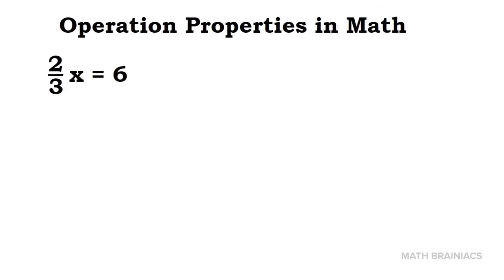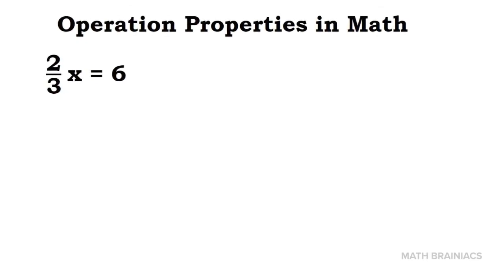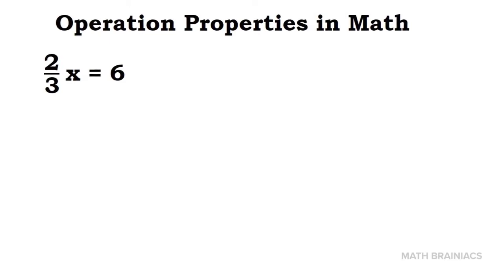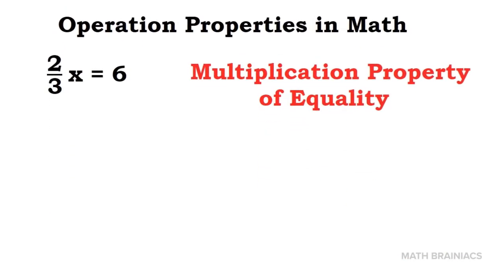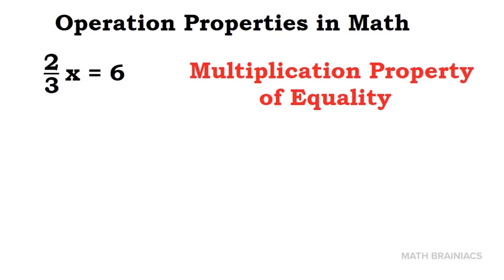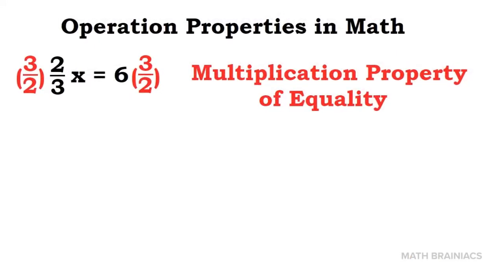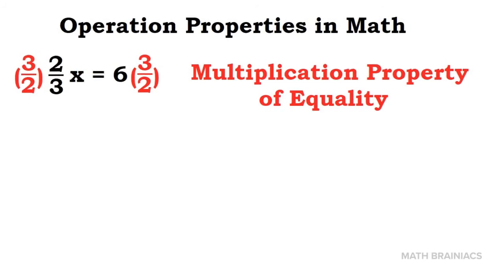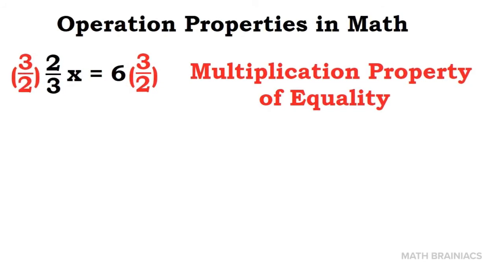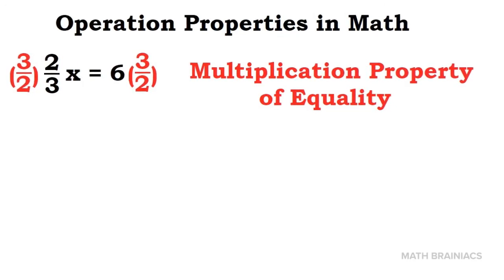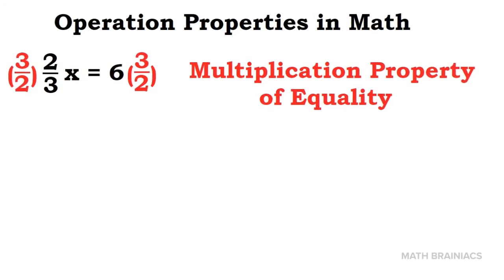What about this equation? 2/3 x is equal to 6. What property are we going to use to solve for x? We are going to use the multiplication property of equality. Subsequently, we are going to multiply the multiplicative inverse of 2/3 on both sides. Therefore, we are going to multiply 3/2 on both sides.